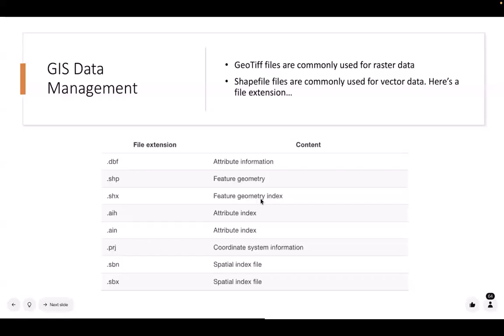And this is basically the index that links the geometry to the attribute data. So I'd say that those are the four most important ones to know. The remaining files are optional spatial and attribute index files that can improve query performance, but they aren't completely required for the shapefile to load.